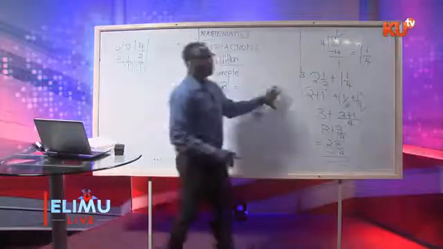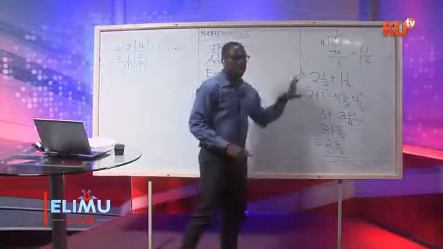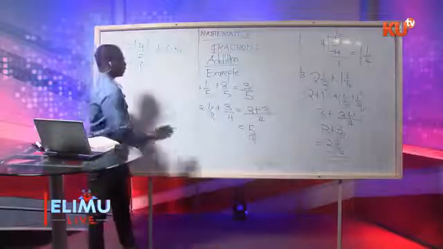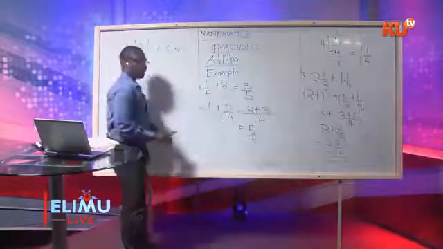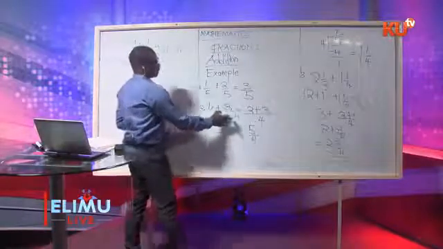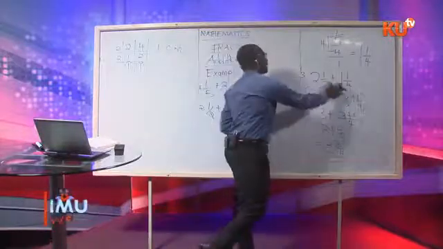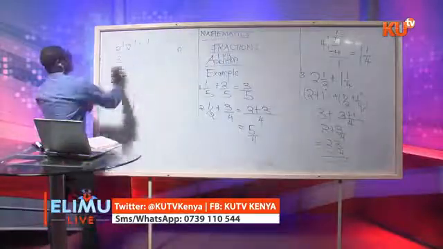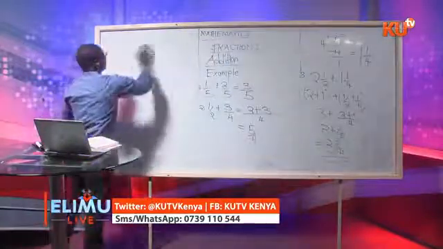So this is what we do in fractions when we are adding fractions. We started by looking at addition of fractions with the same denominator, different denominators, and whole numbers. So let's look at the next, which is subtraction.